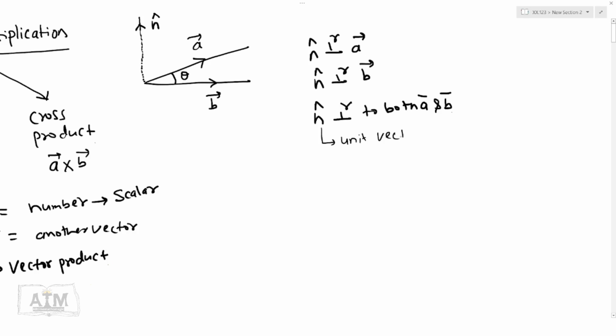Therefore n cap is a unit vector normal to vector A as well as to vector B. So n cap we can simply call a normal unit vector.